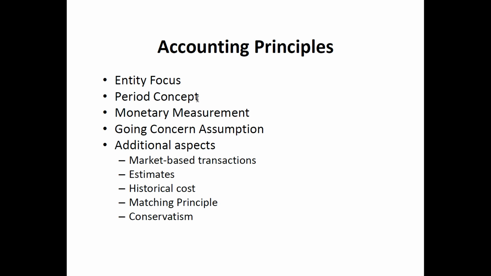That being said, there are other areas of accounting that include an inevitable use of estimates. So we don't just have one way of determining accounting amounts. Sometimes we're going to use market-based transactions. Sometimes we're going to use estimates. Sometimes we're going to use the historical cost, which is usually the initial market-based transaction that stays at that amount even as time passes or as other changes might occur.